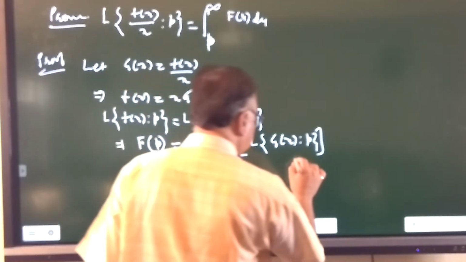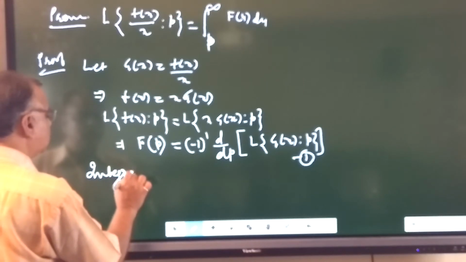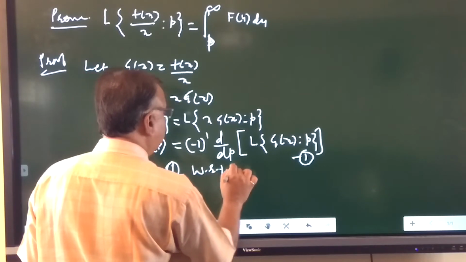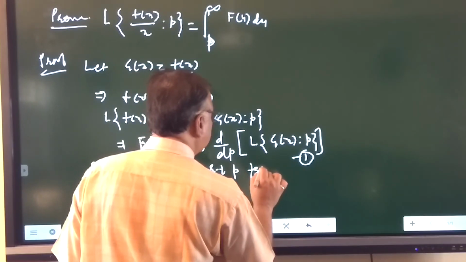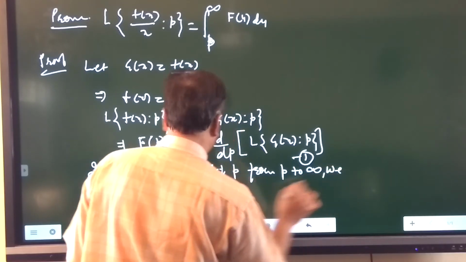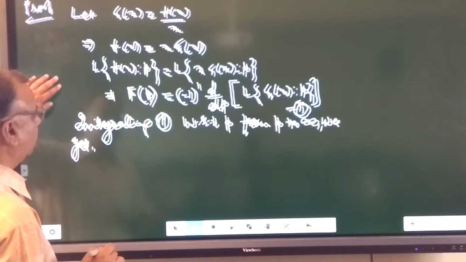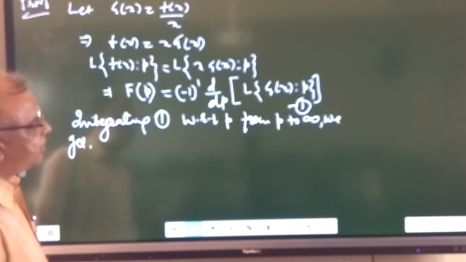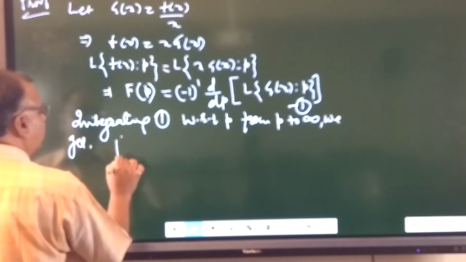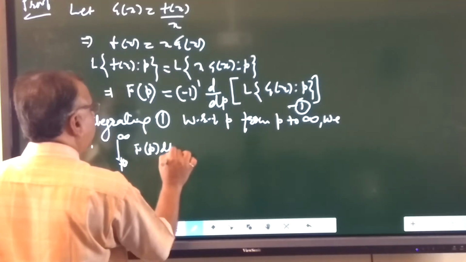Now integrating with respect to p from p to infinity, we get the integral from p to infinity of F(p) dp.